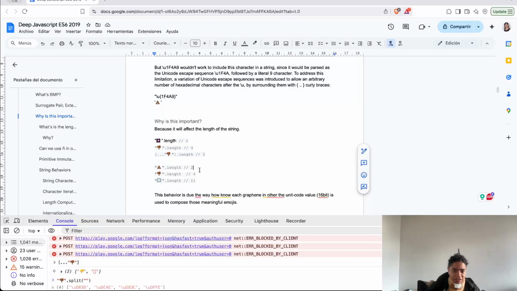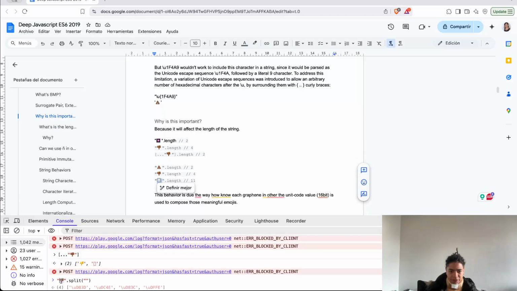It also now explains more complex elements like this. You have a length of 11. In other words, you have 11 16-bit units.